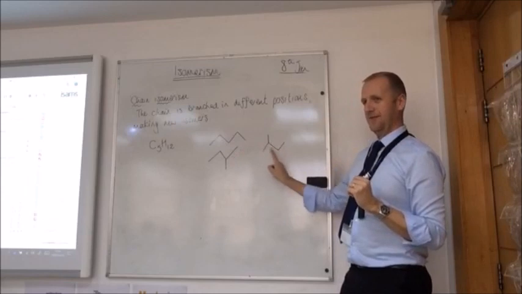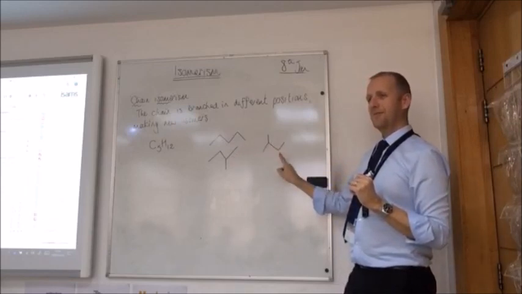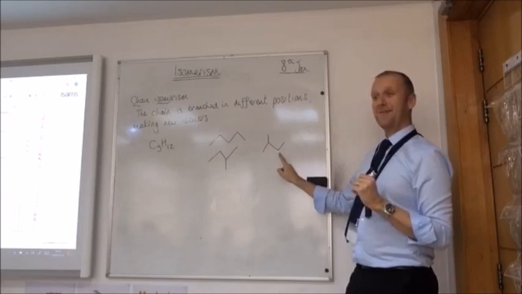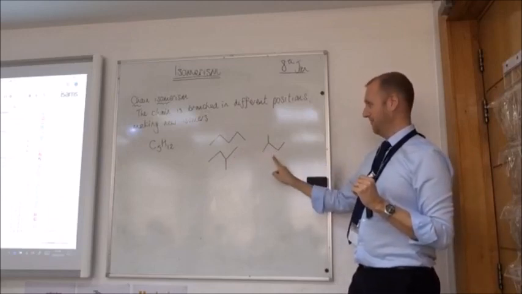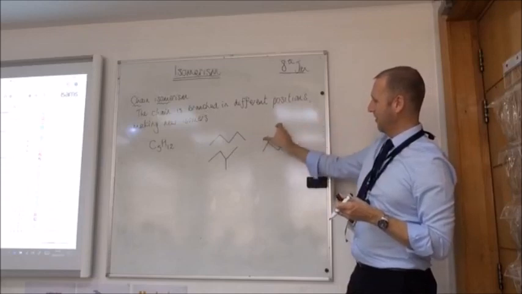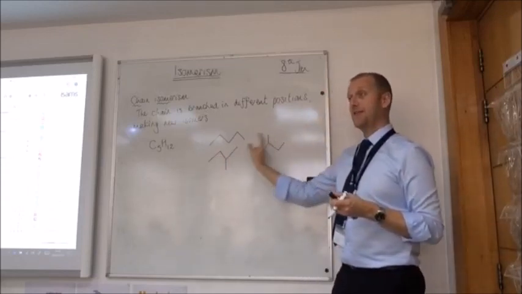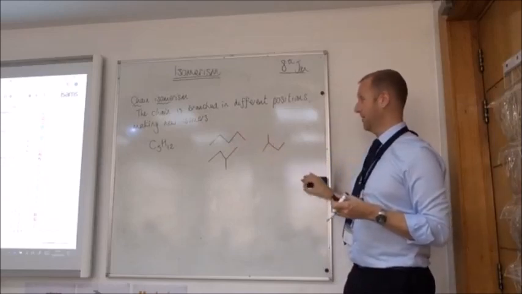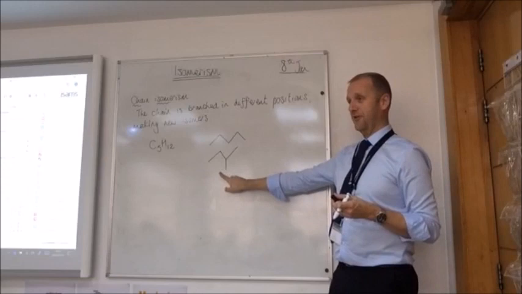This and this. Go on, Ahmed. Aren't they equal? Exactly, that was going to be my point. These two are actually exactly the same. If you imagine, I can just rotate this one, and I'd be able to superimpose it there. They are exactly the same. They are the same isomer. So actually, there's only this version.